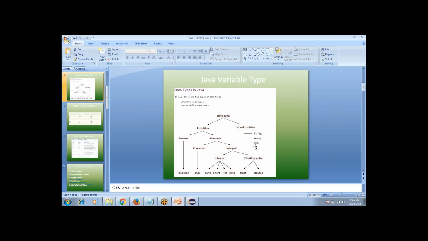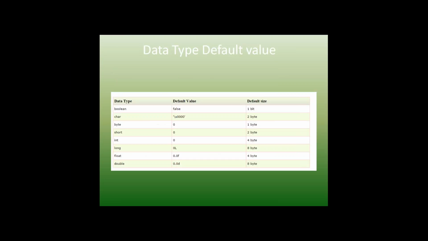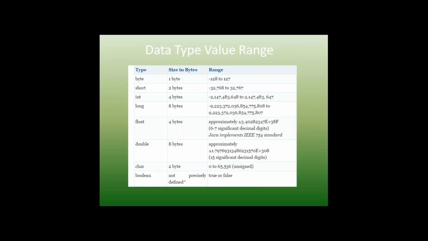Don't worry about non-primitive. We will cover it later. Then we have moved to the default values, so you can do that. Then I have given you the sizes and all. Of course, you can Google it and go for some documentation and read about it, just for an idea why we have these sizes, because we want to save some memory.